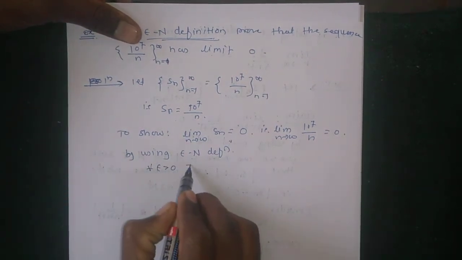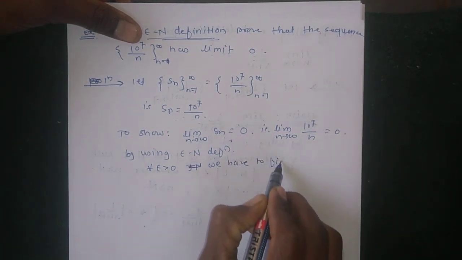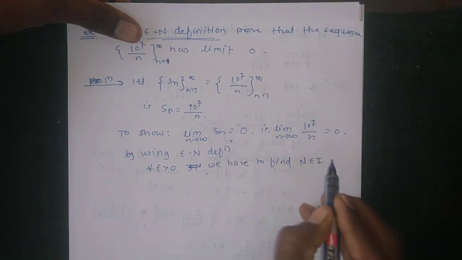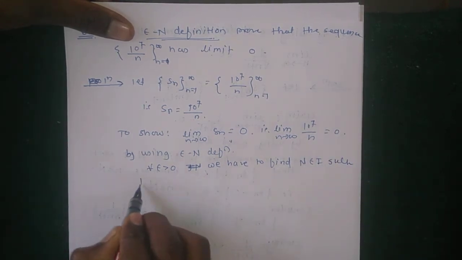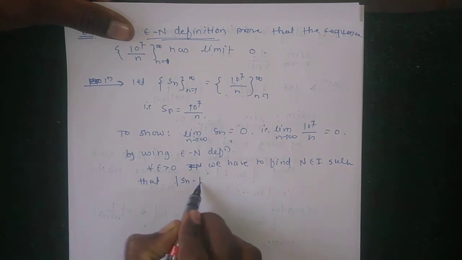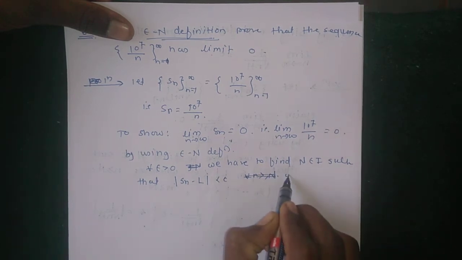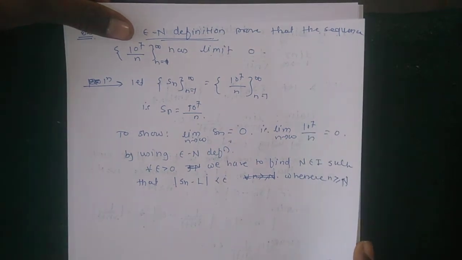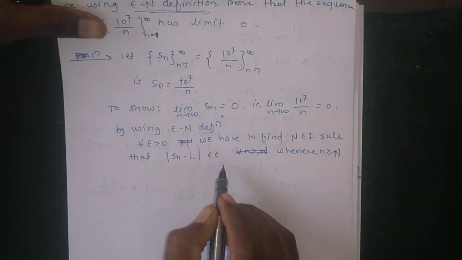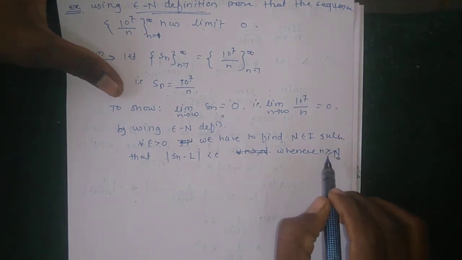For all epsilon greater than 0 we have to find a capital N belonging to the index set I, such that |S_n minus L| is less than epsilon for all n greater than or equal to N. So using this definition, consider |S_n minus L| less than epsilon, and then we have to find this N.